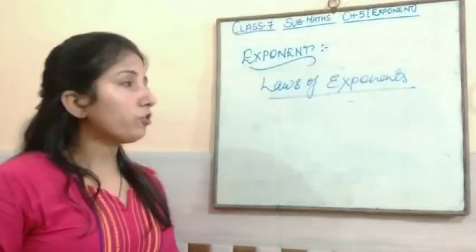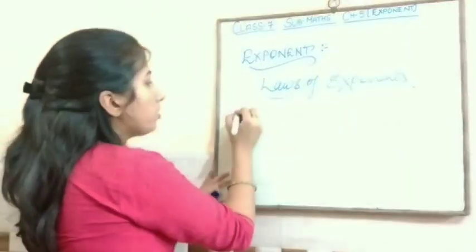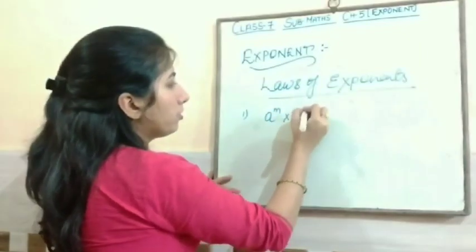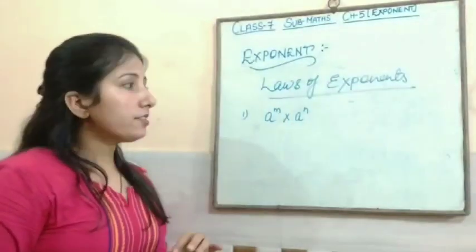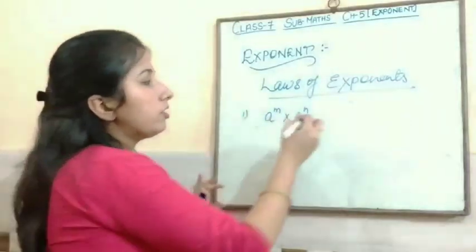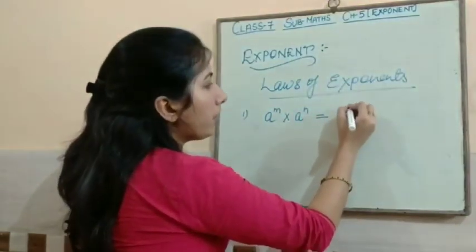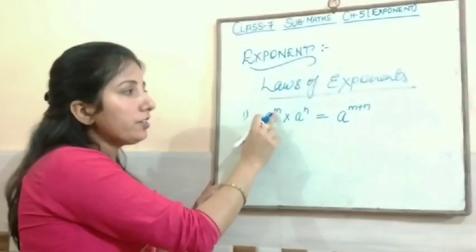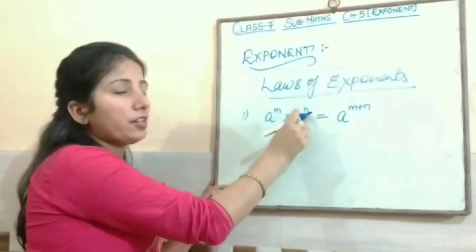Laws of exponent. What are laws of exponent? First law is, if bases are the same and two exponential forms are in multiplication, then the powers will be added. Here the base is the same and the powers are m and n, where m and n are any integers.